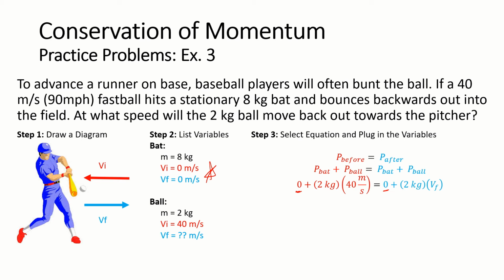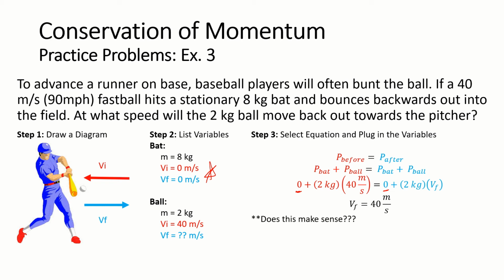And this is a really weird, not likely scenario because you'll notice that 2 multiplied by 40 is going to give you 80. Divided by 2 again is going to give you 40. If this is a perfectly elastic collision, the definition we just talked about, no energy is lost, no momentum is lost, nothing is lost. All of that speed is converted back into the ball because the bat didn't go anywhere.